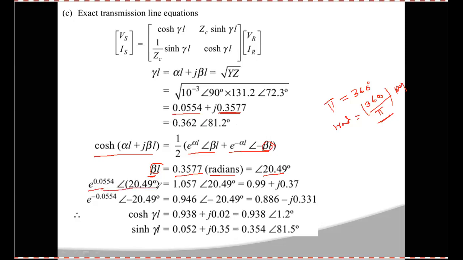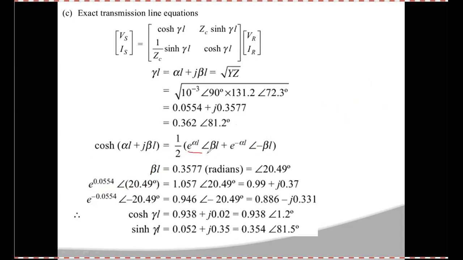If you calculate this value, you will get 1.057 at an angle of 20.49 degrees. In complex form, this will be 0.99 plus j0.37. So this is the first term, e power αL at an angle of βL.